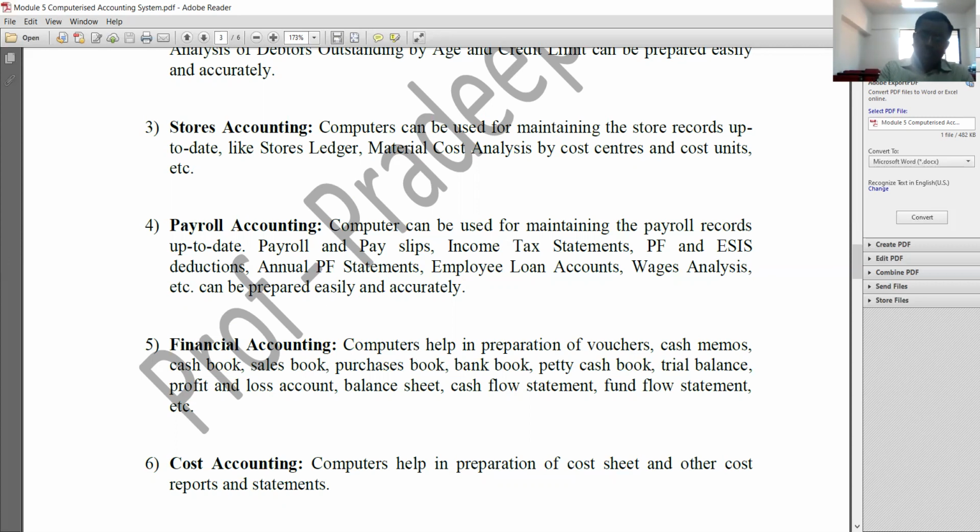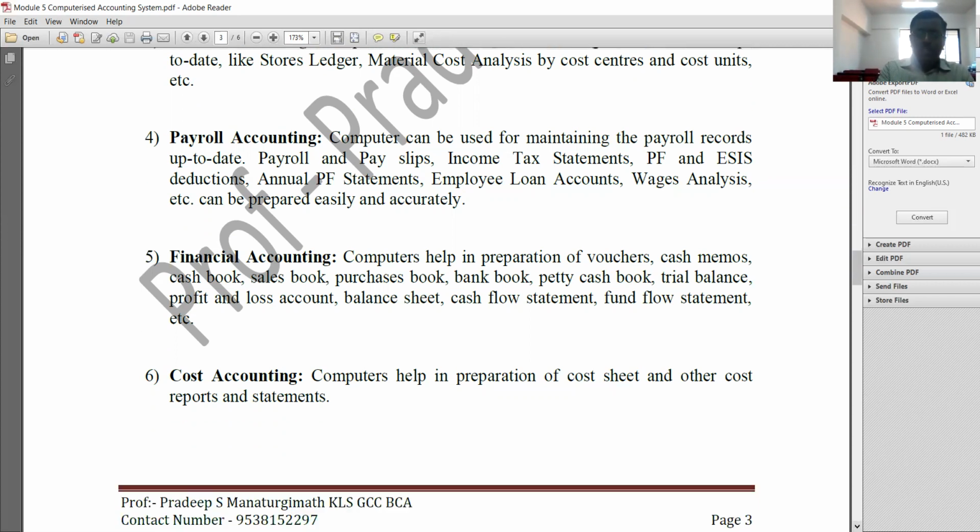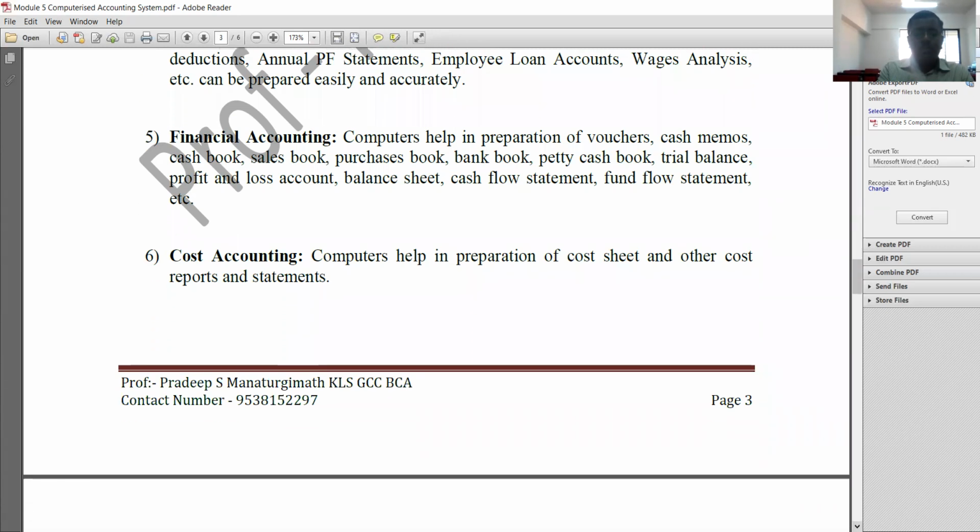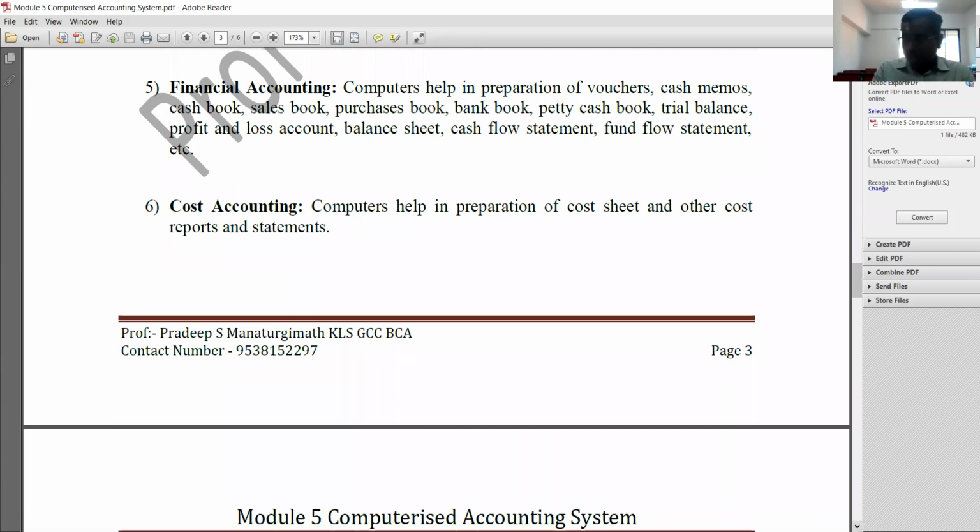Then let us move to financial accounting. Yes, even this computerized accounting system can be used in financial accounting. In financial accounting we prepare ledger accounts, we need to prepare the cash book, we need to prepare subsidiary books, right? We also need to prepare the trial balance, profit and loss account, and balance sheet.